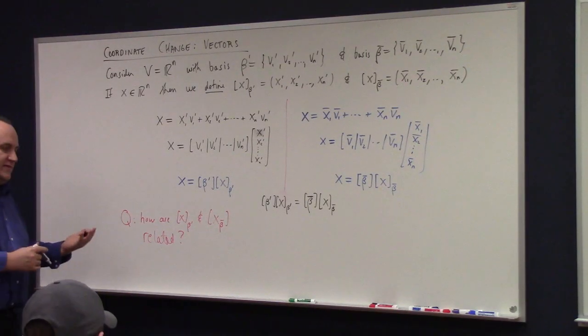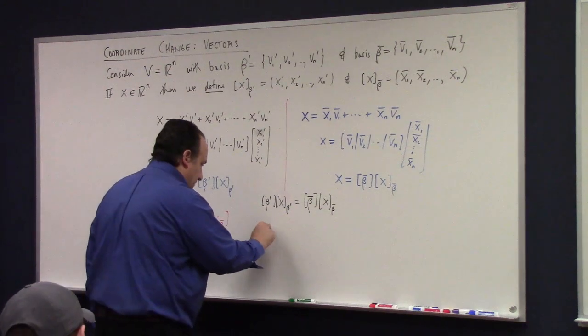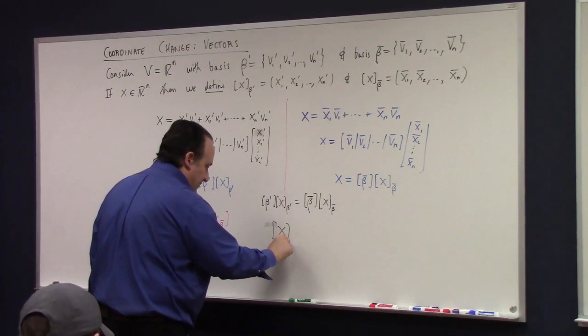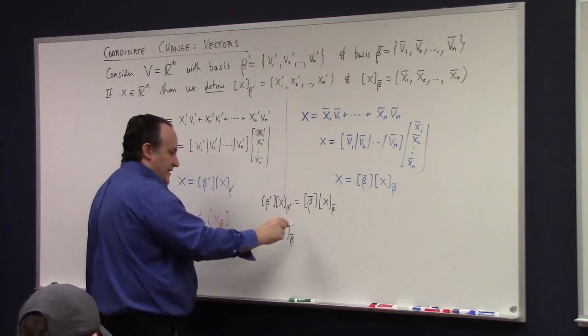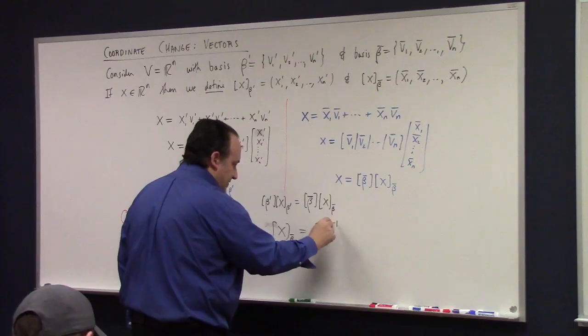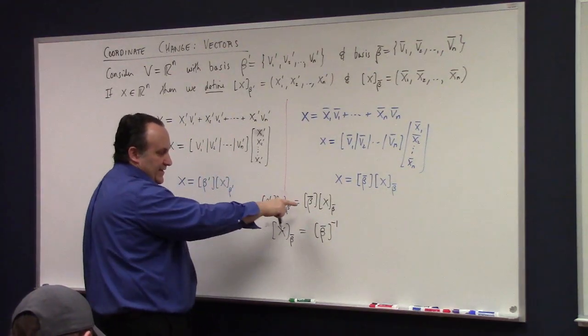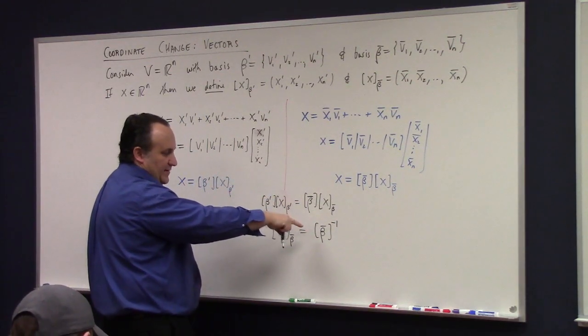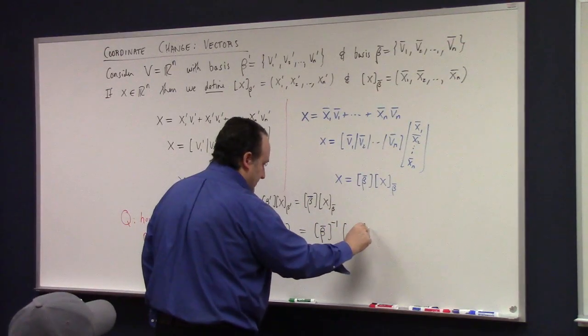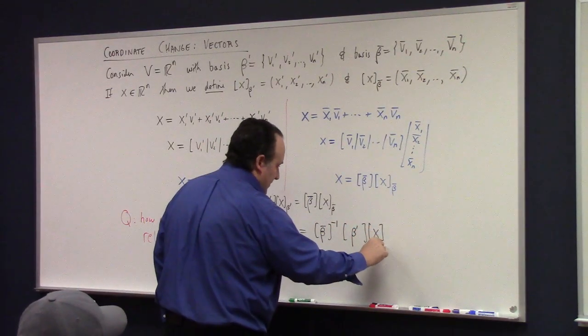So if I want to solve for the coordinate vector with respect to the barred basis, x bar, then I just multiply by the inverse of the basis matrix, the right one, the inverse of the beta bar matrix. I multiply that times the beta prime matrix times x beta prime.